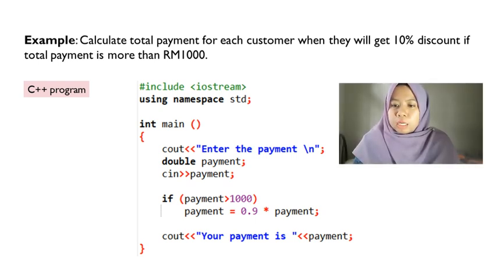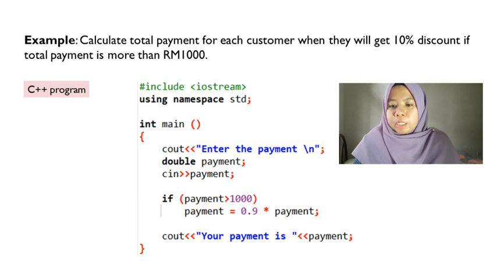First, I want the user to enter the payment, and then we have to declare double payment. Why do I use double, not integer? Because the user might want to insert a decimal value in the payment.